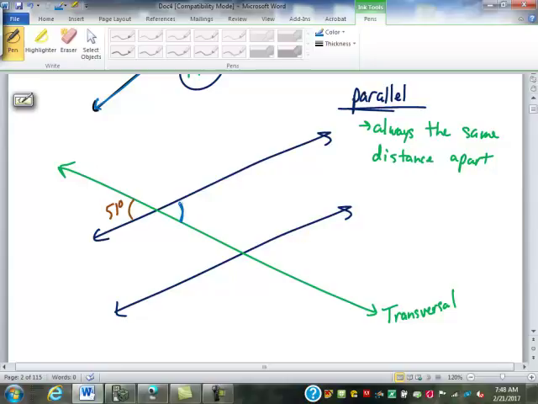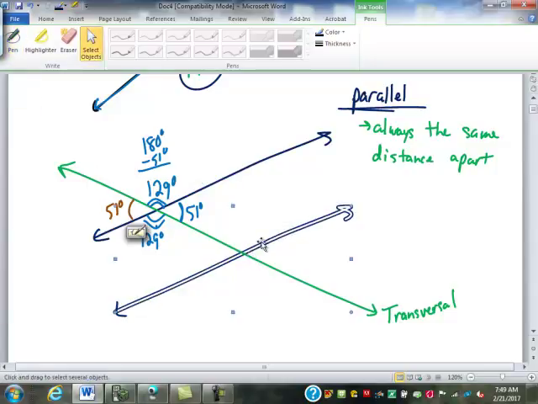What's that have to be? 51, because those two are vertical angles. How about this angle here? 180 minus 51, or 129 degrees. How about this one? 129. So we know that all four of those angles are either equal or supplementary to that original angle that we found.